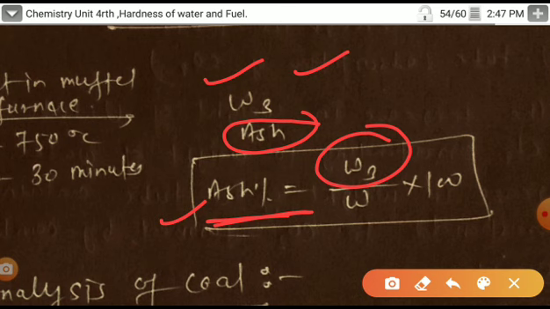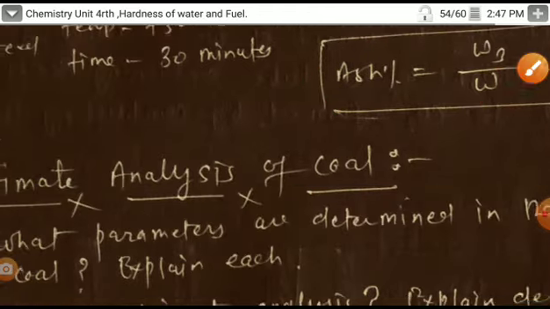The last product remains in the form of ash, and the weight of the ash is W3, divided by W1, the actual weight of the coal, into 100. So it is the percentage of the ash remaining.